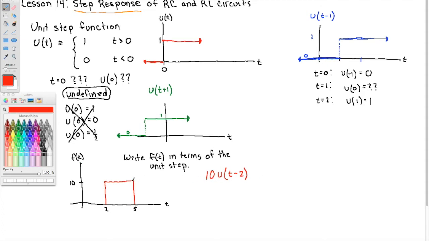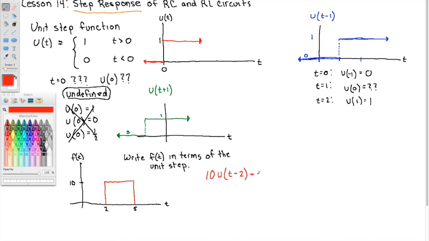Okay? So now we need to account for this second discontinuity. Well, here the unit step comes down, right? It comes back down to 0. So now let's modify this guy. We want to subtract now, because the discontinuity is down.